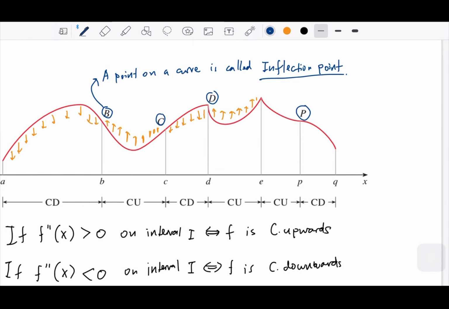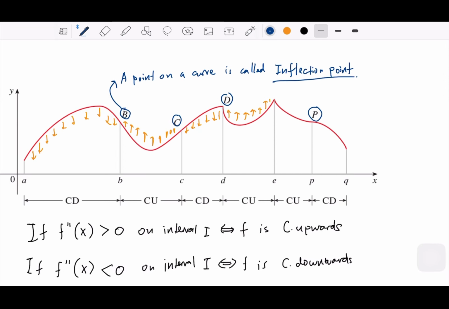And you can see that the inflection point is happening when the curve changes from CU to CD or CD to CU. Okay, I hope my description is clear.